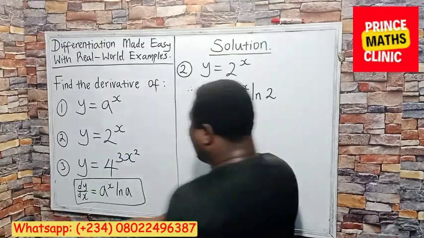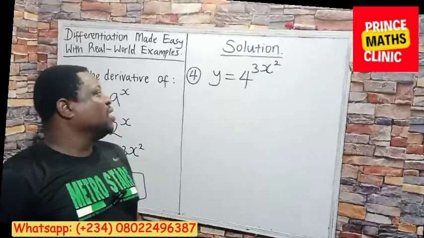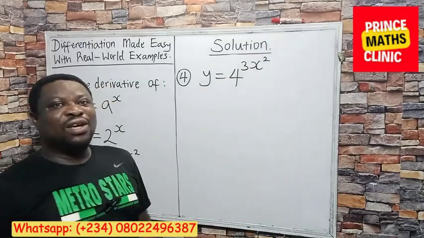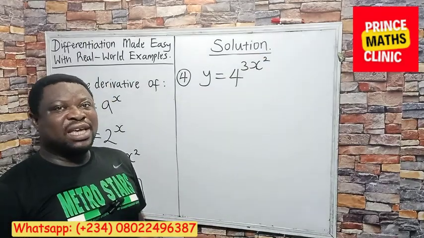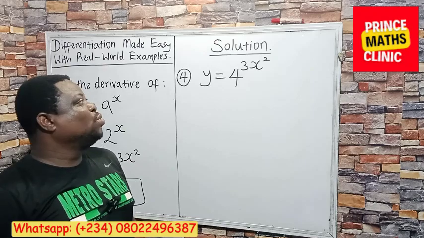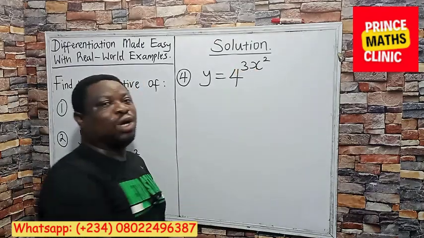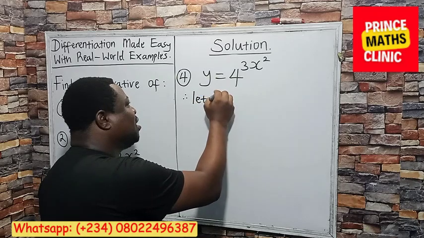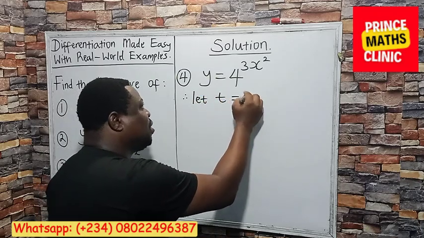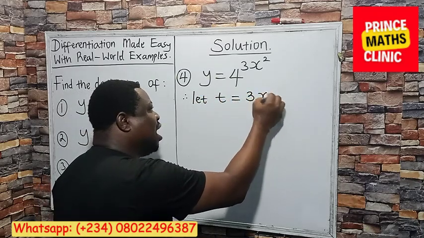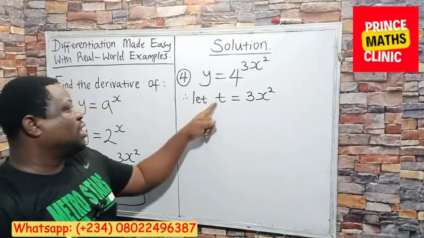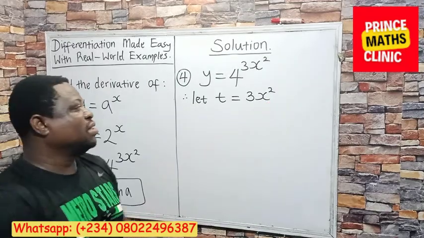So let's look at the third question. We have y equal to 4 to the power of 3x squared. The first thing to do here is to make this equal to something. So we are going to say let t be equal to 3x squared. Now I want to differentiate t with respect to x.